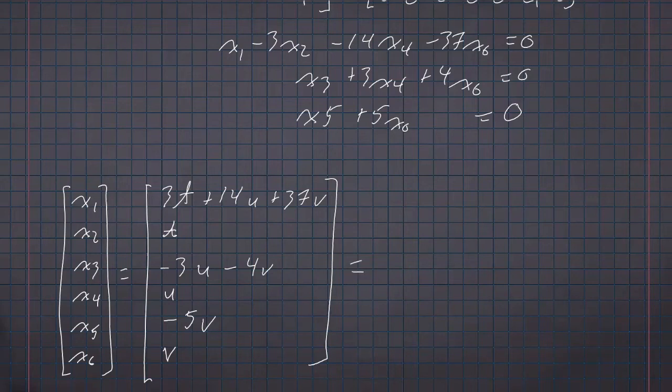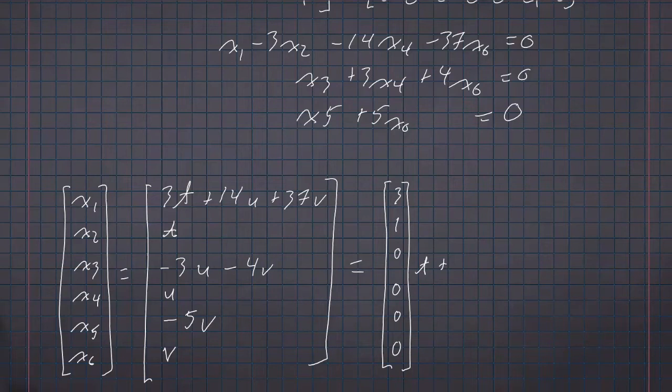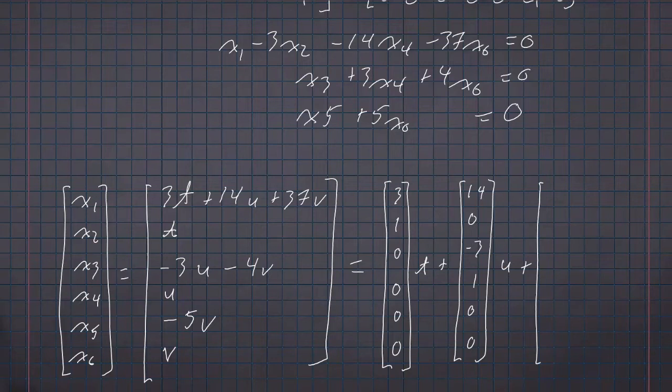Splitting this up, I can write this as 3, 1, bunch of zeros, times t, 14, 0, negative 3, 1, couple of zeros, times u, and 37, 0, negative 4, 0, negative 5, 1 times v.